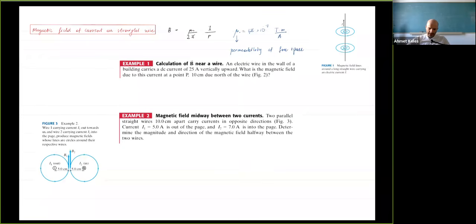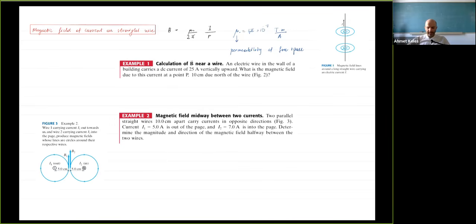I think the field of a straight wire was equal to mu0 divided by 2 pi times I over r. Here, mu0 is the permeability of free space, and its value is 4 pi times 10 to the minus 7 Tesla times meter over ampere.